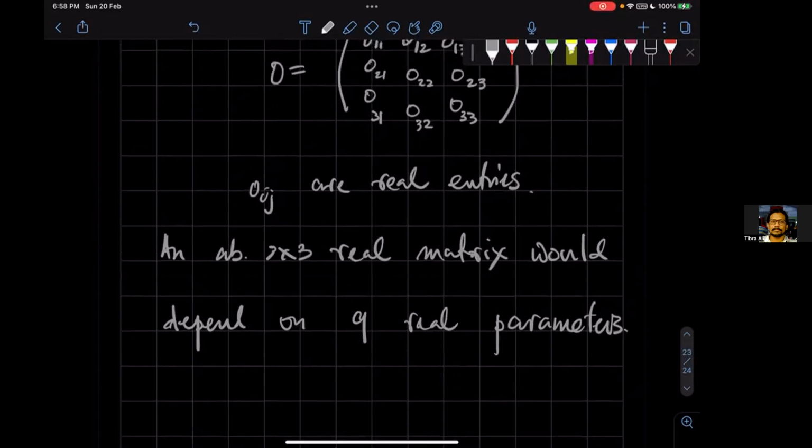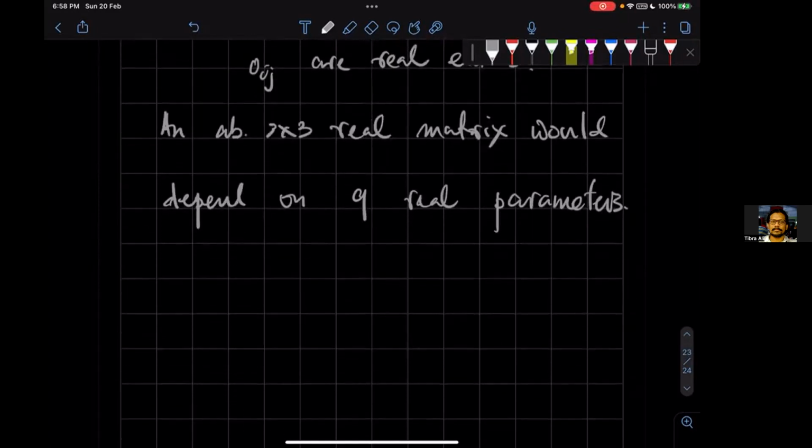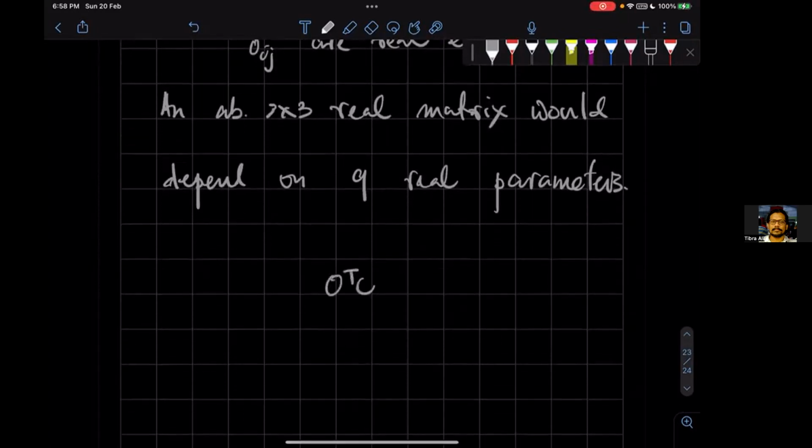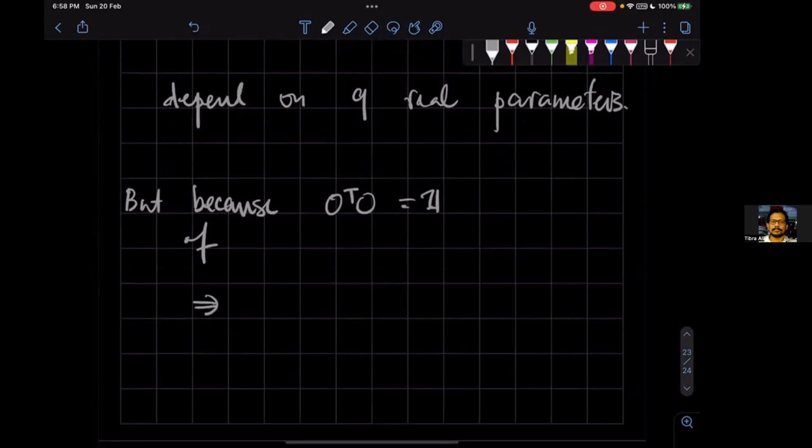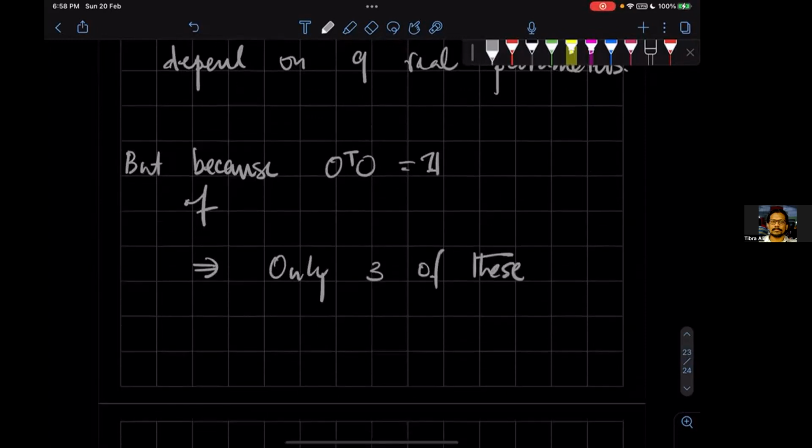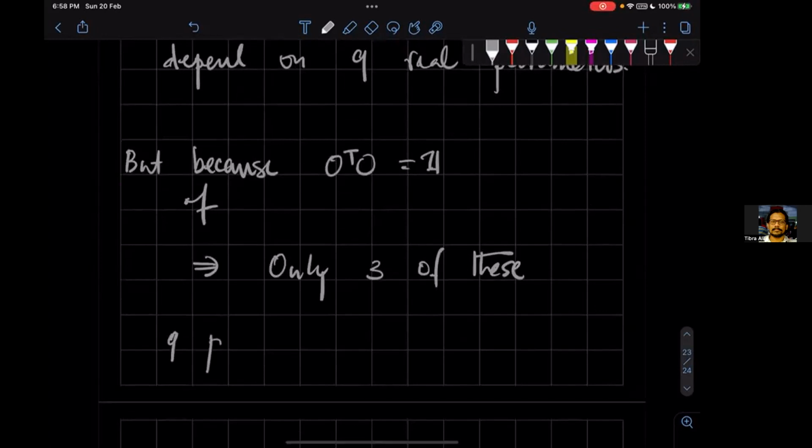But because of the conditions on O, because of O transpose O equals 1, only 3 of these 9 parameters are independent.